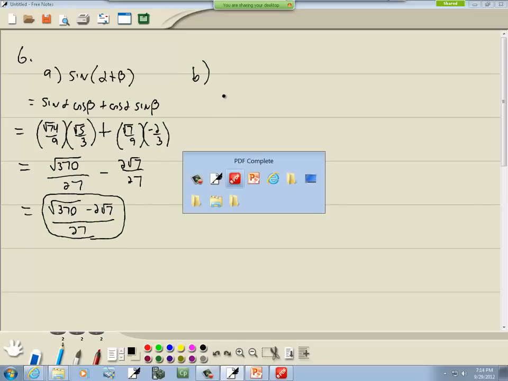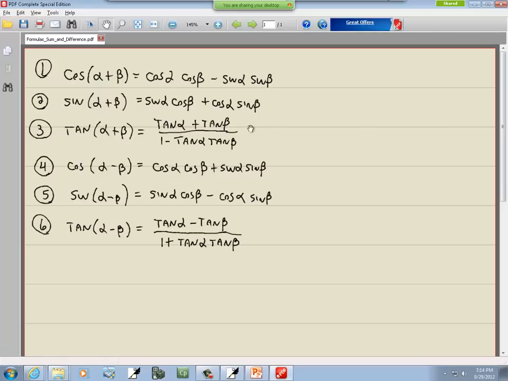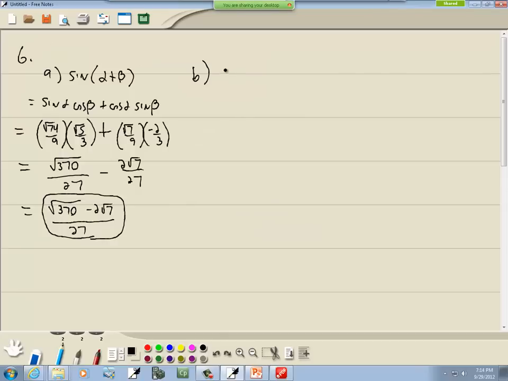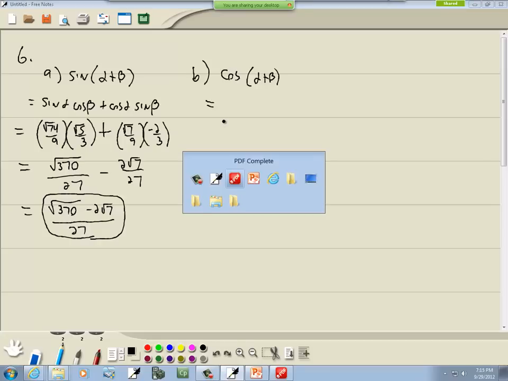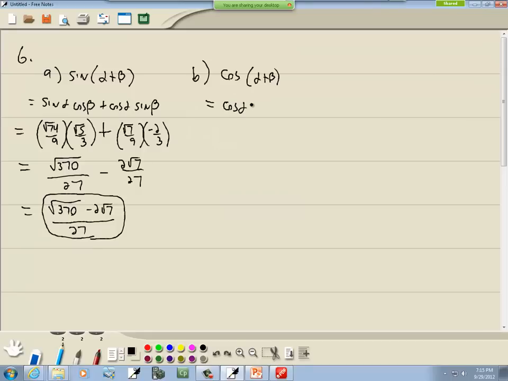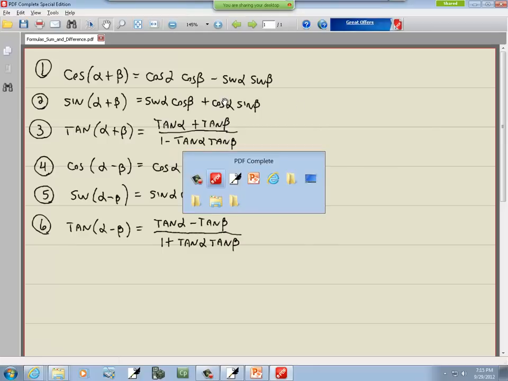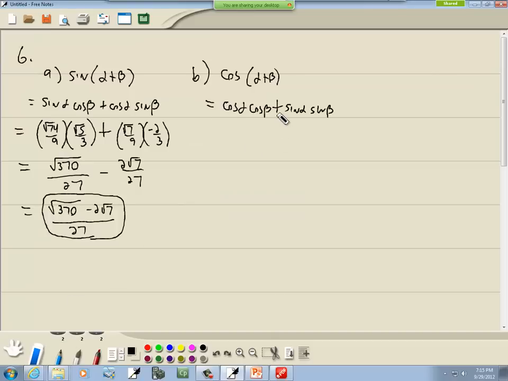Okay, let's find B. B was cosine alpha plus beta. So from our formulas, cosine alpha plus beta is cosine alpha cosine beta plus sine alpha sine beta. Okay, I lie. It's a minus between there. There we go. It's an important part to get these right, to actually write them down correctly.